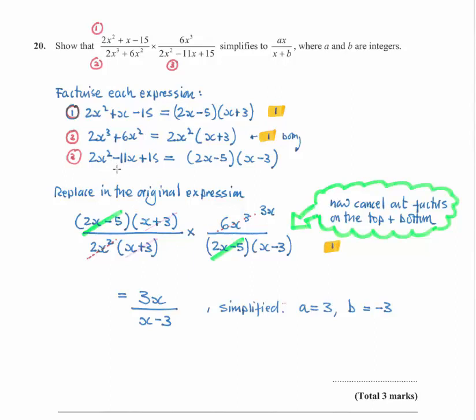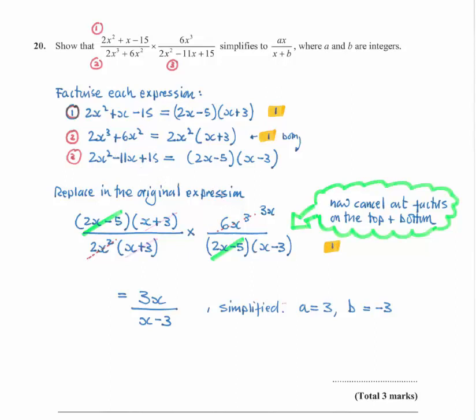How does this factorize? Well, it's going to be a 2x and an x because it's got 2x squared, and I've got 15. I need 2 numbers that multiply to make positive 15. Well, they add together to make minus 11, so they must both be negative. Why? Because they multiply together to make something positive, but when we add them together we get minus 11.